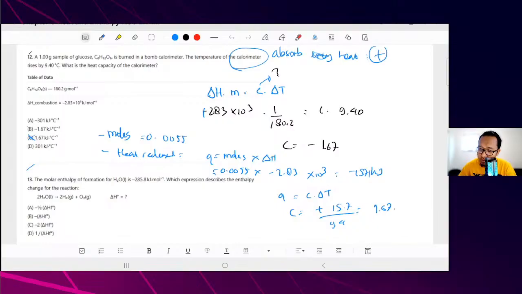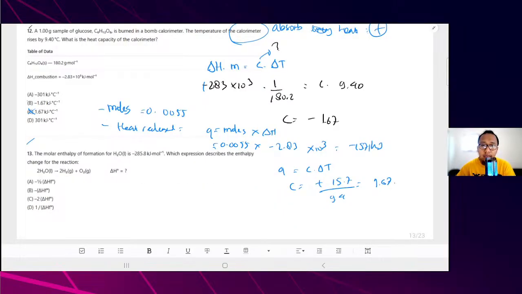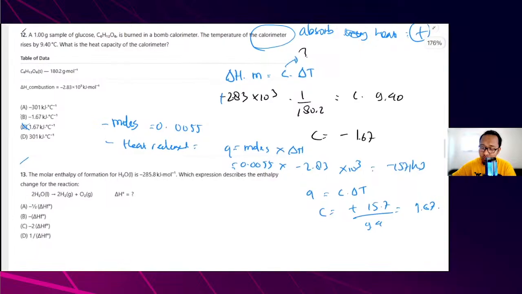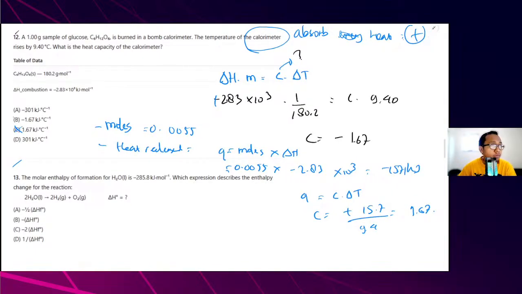Just remember, we are still discussing the chapter on heat and enthalpy. As I mentioned before, we need to remember some equations for each type of problem. Let's do more for the rest of the questions.